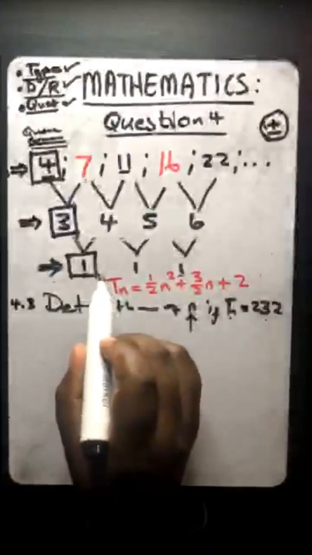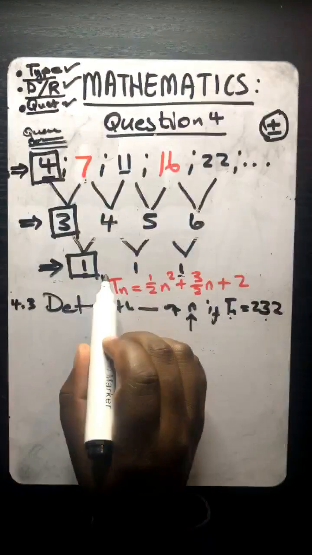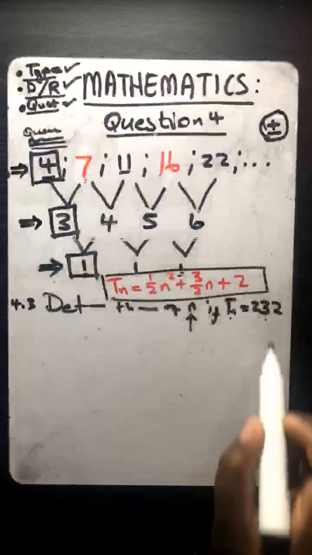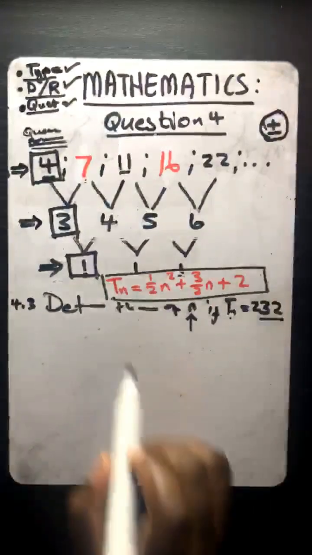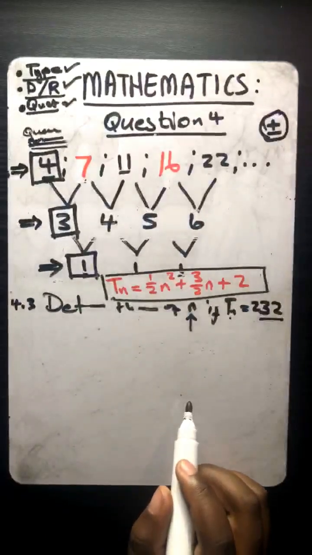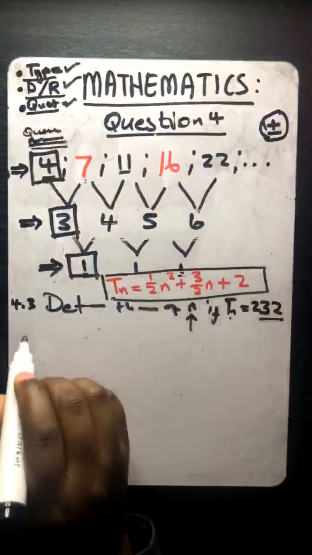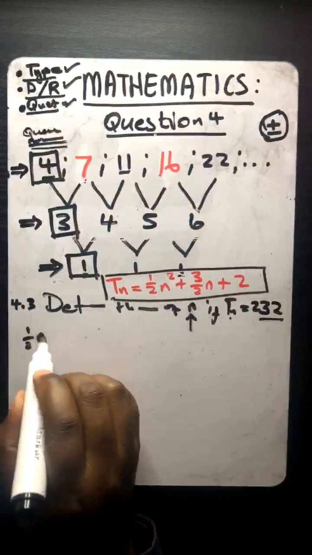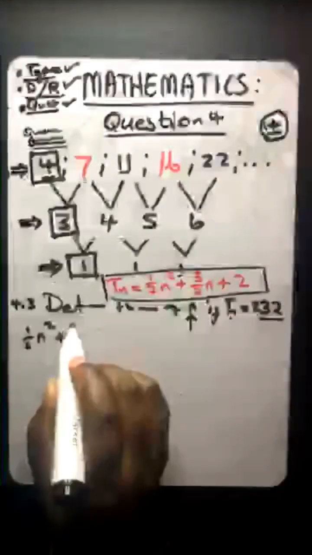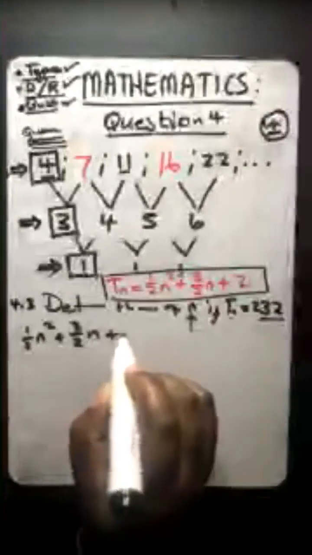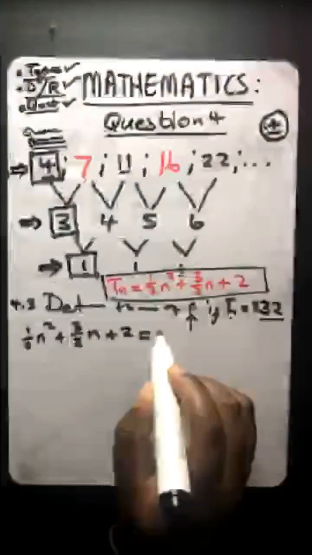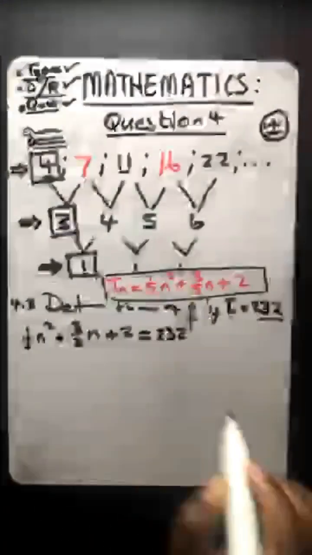So on that general formula, where you see Tn, you're going to substitute that. Where is Tn? Tn is that one there. So I can just start with the whole of that, which is 1 over 2 n squared plus 3 over 2 n plus 2, and equate it to 232.